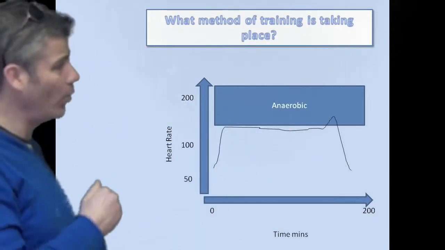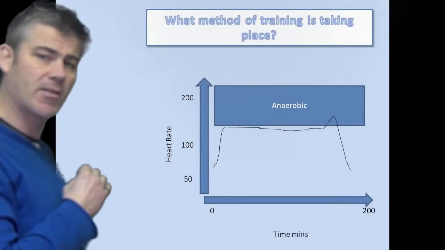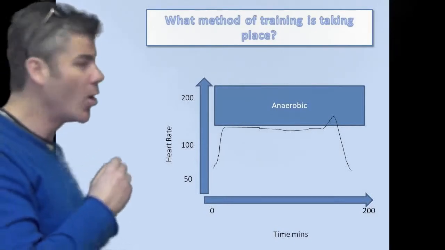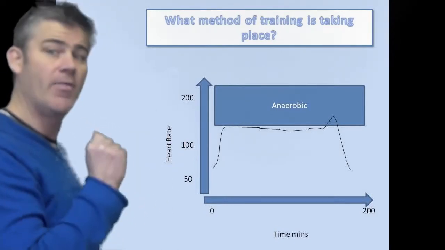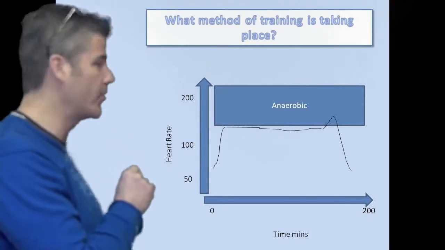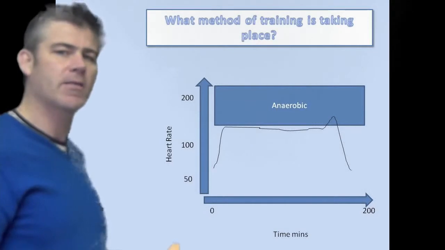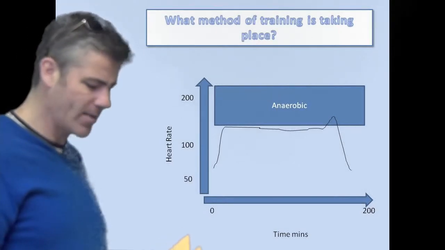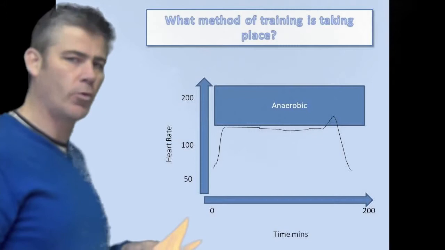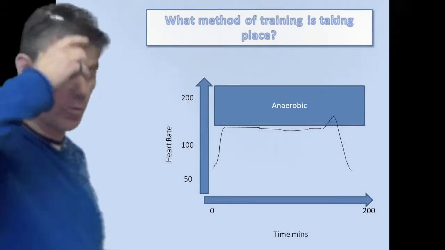So this, for example, may be the type of exercise required for a marathon runner with a sprint finish at the end. And therefore the method of training that is relevant to the performer here is continuous training. So working at an aerobic level with your heart rate just under that 140 or 150 beats per minute requirement.